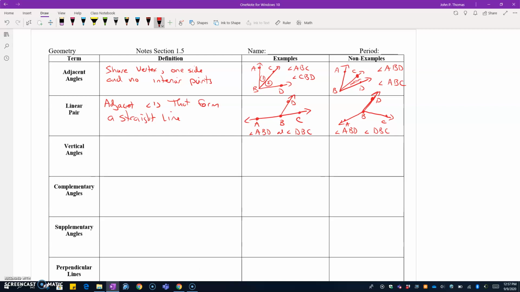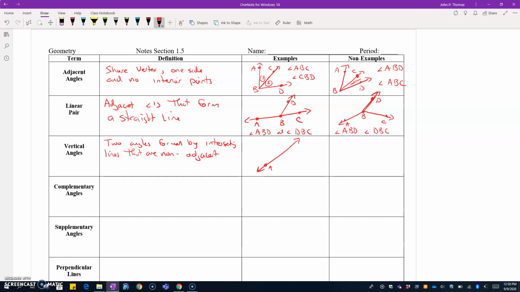All right, vertical angles. These are two angles formed by intersecting lines that are non-adjacent. So an example here would be if I drew two intersecting lines.